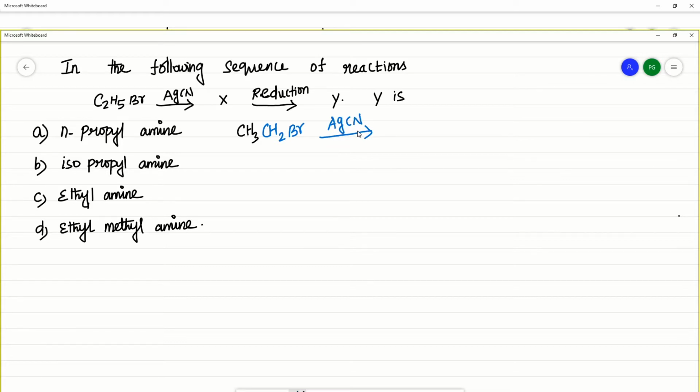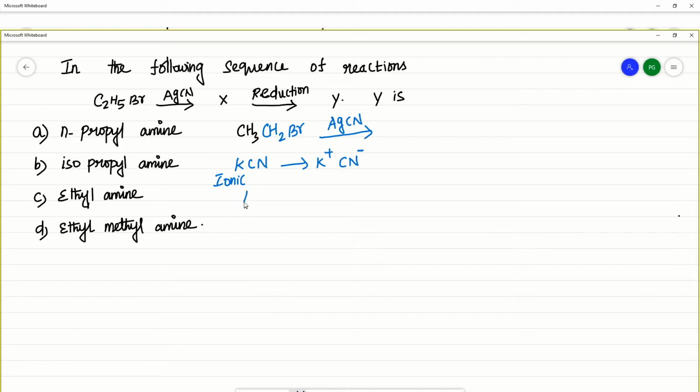See, with AgCN, what is the nucleophile generated here? So we have two different things here. If it is KCN, KCN is an ionic compound. It will generate K plus and CN minus.